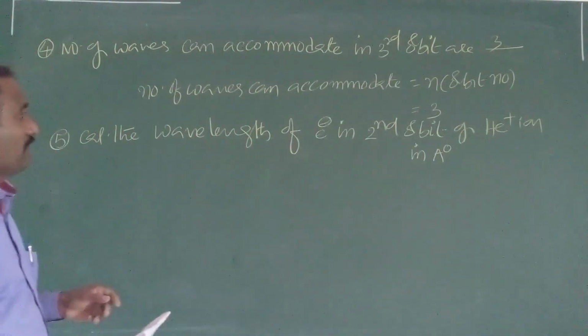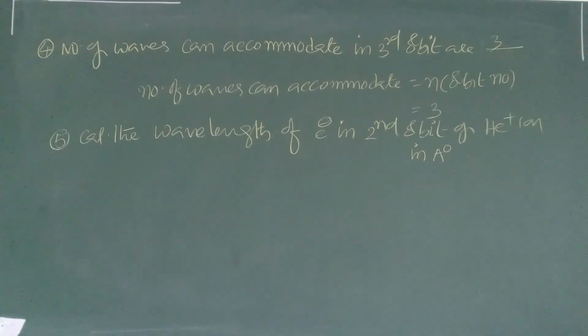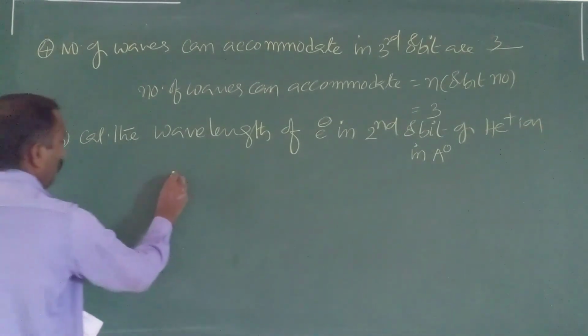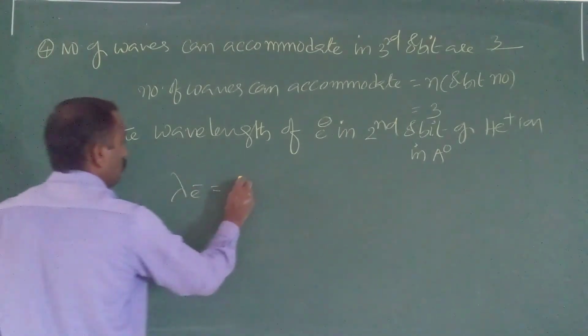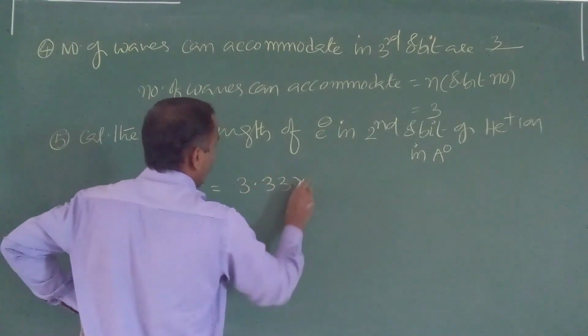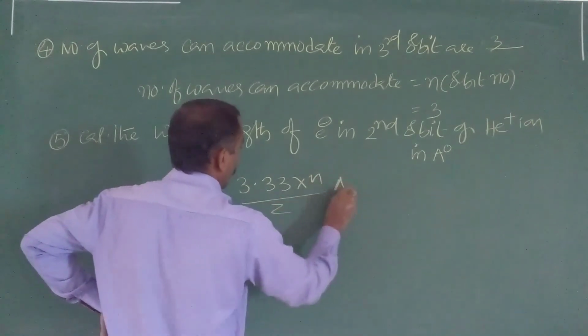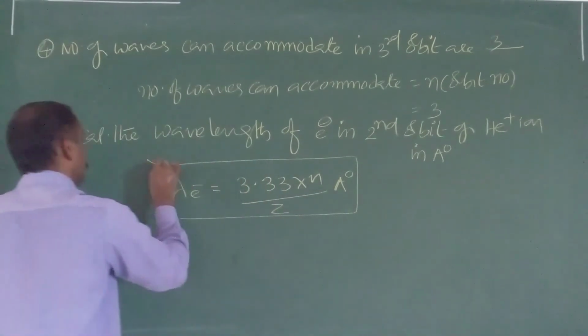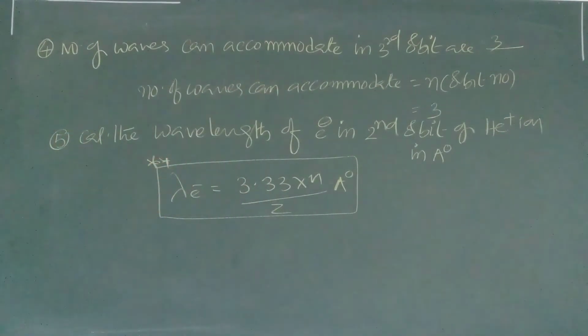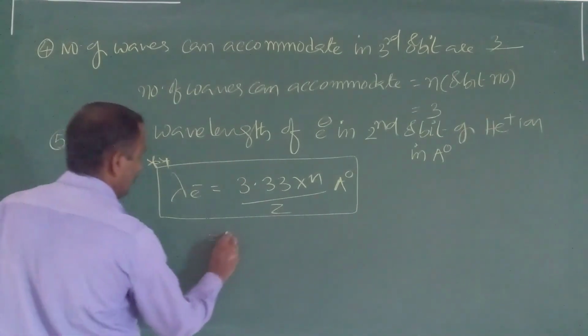They are asking for the wavelength of an electron in the second orbit of He plus ion. What is our shortcut formula? Wavelength of an electron: 3.33 into n by Z angstrom. So apply this formula. Very important.